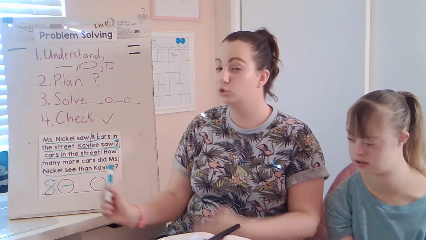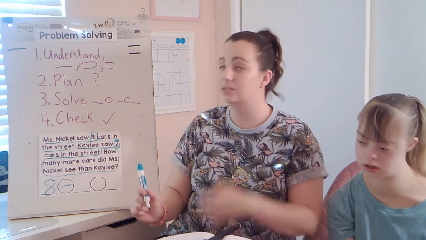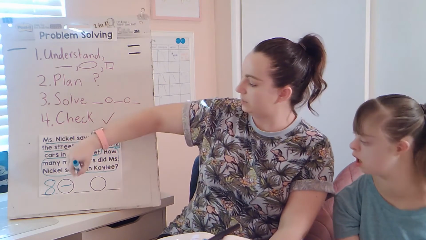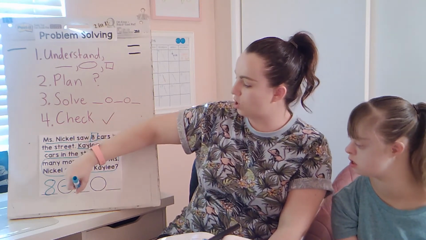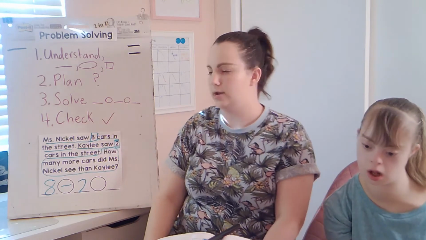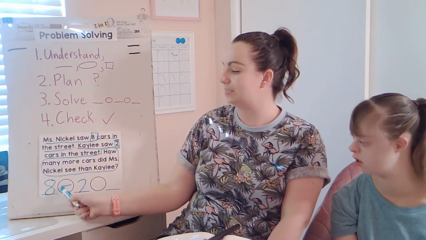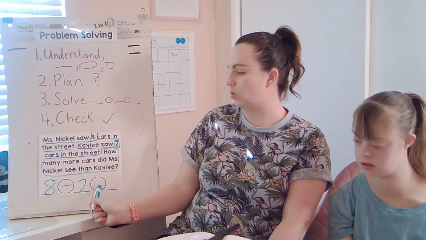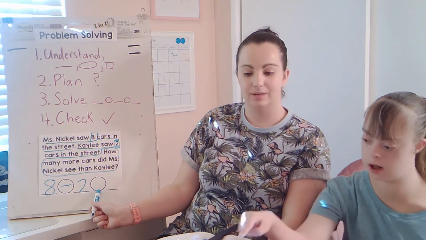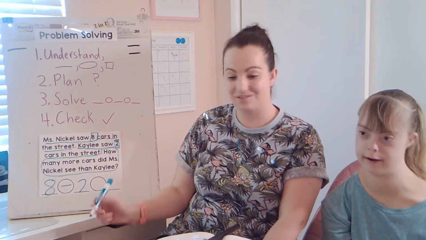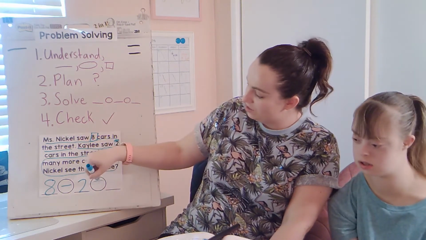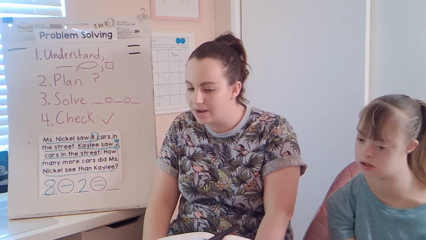Good. 8 take away the 2 cars Kaylee saw. Now what sign do I need to write here to show that 8 take away 2 is? Equals. Yes, thank you, Kaylee. Equals. Now it's time for my answer.